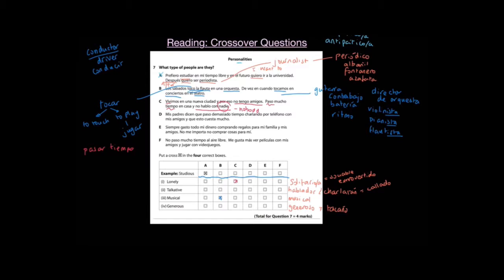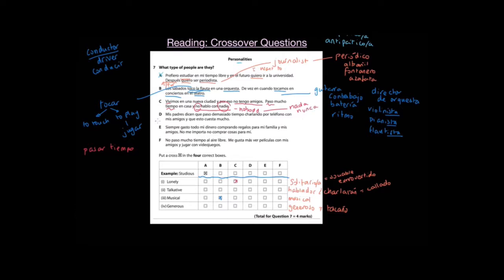The only thing to remember is to be aware of the negatives. We've got nadie here, and other negatives to remember are nada, nothing, or nunca, never. Super important negatives to remember.